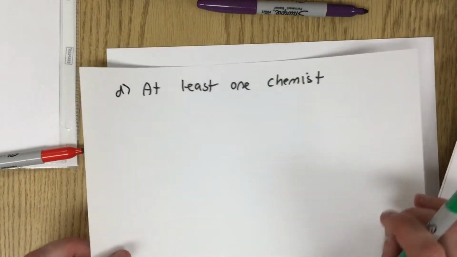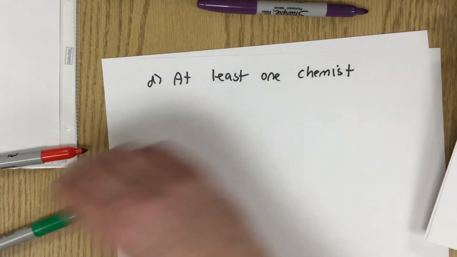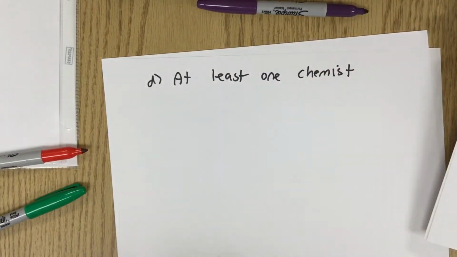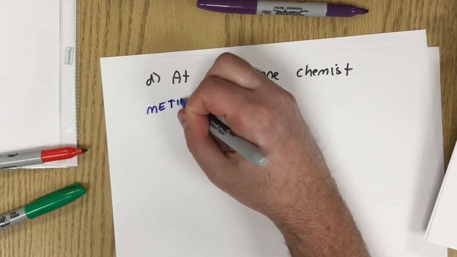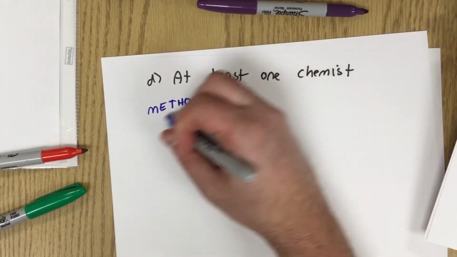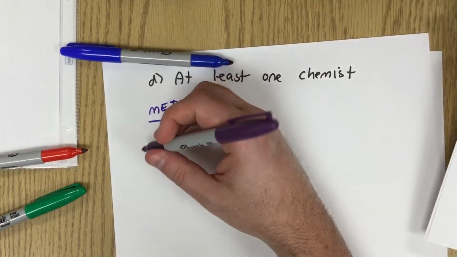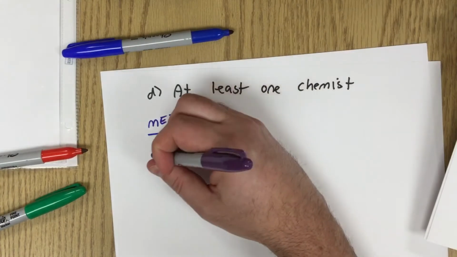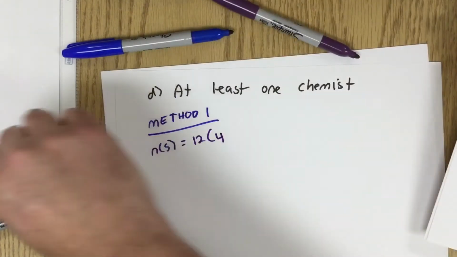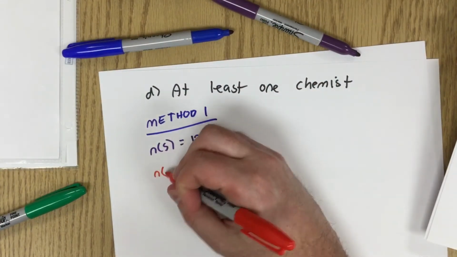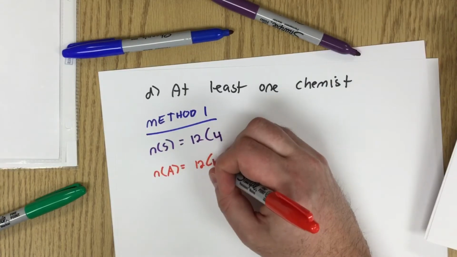Okay. We want to have at least 1 chemist here. We're going to do this in 2 ways. For method 1, our N_S is going to be the usual 12 choose 4. The N_A is going to be the total, 12 choose 4, minus the bad ones.